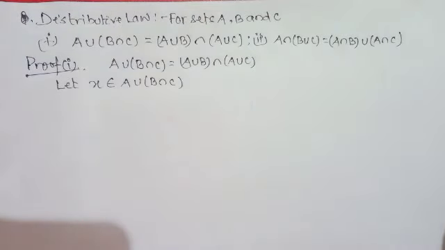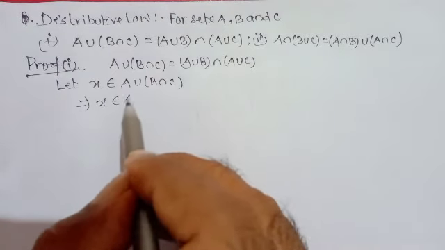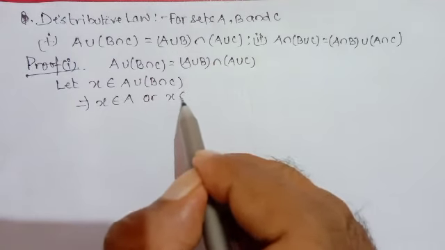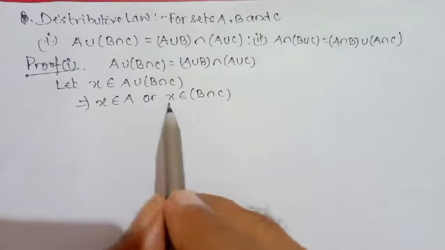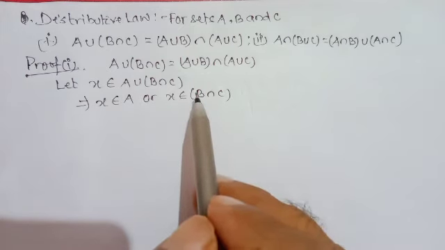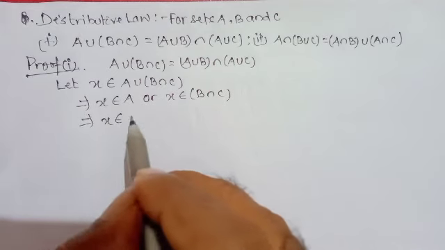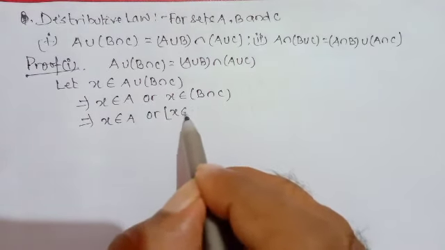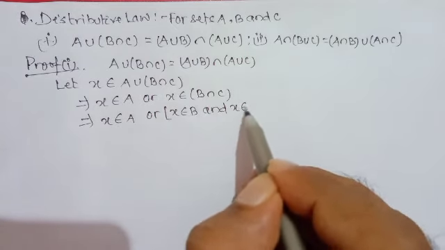What does it mean? It means X belongs to A, for this union we write, or X belongs to B intersection C. B intersection C means X is common element of B and C. So X belongs to A or X belongs to B and X belongs to C.